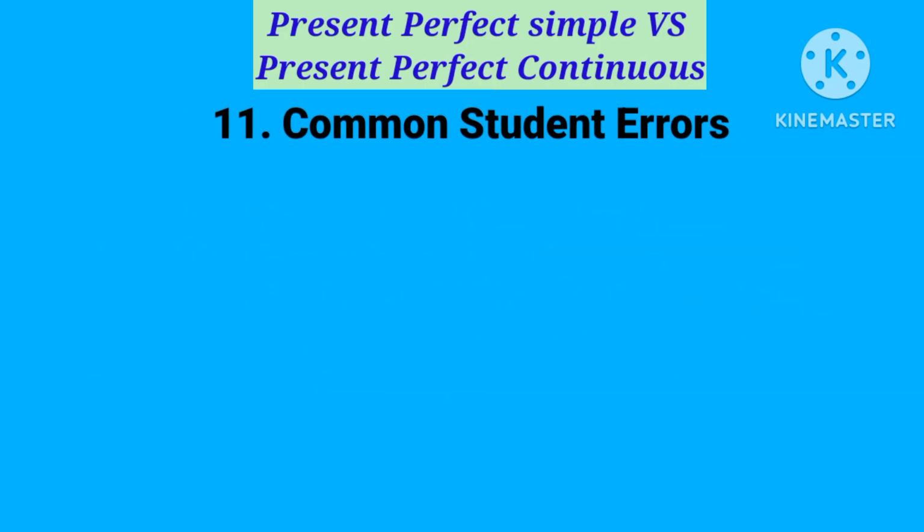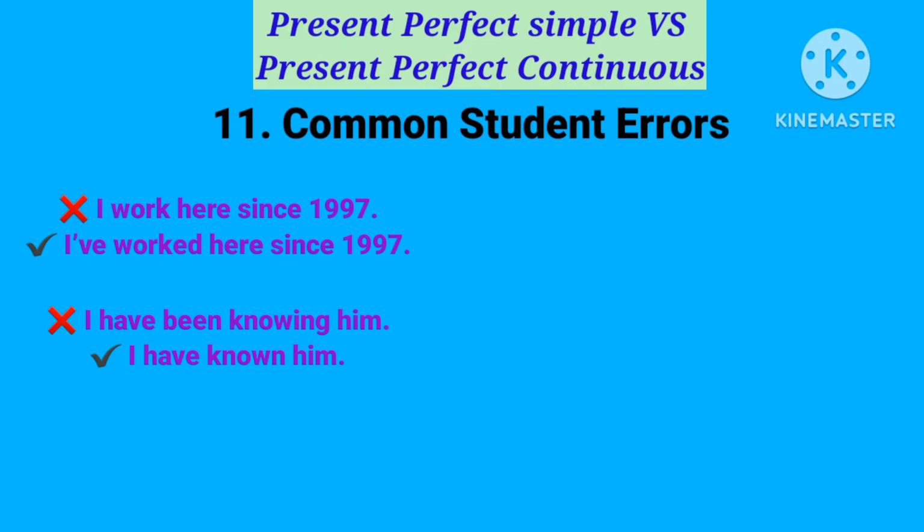Number 11, common students' errors. Do not say, I work here since 1997. You must say, I have worked here since 1997. Don't say, I have been knowing him. Say, I have known him.